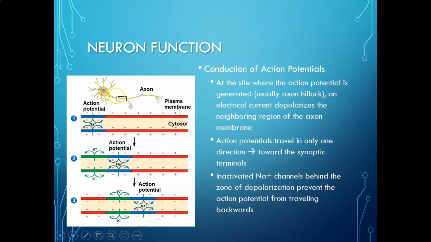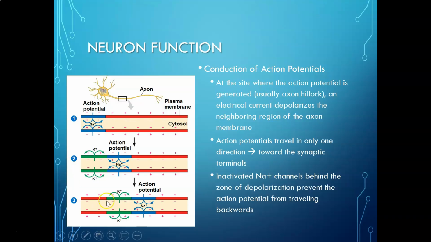So this signal can only ever travel in one direction towards those synaptic terminals down here at the other end of that axon, where we will more than likely release neurotransmitters or some other sort of signal to the next postsynaptic cell, whether that's another neuron that may send another action potential, or some sort of muscle or gland that I'm going to now activate.